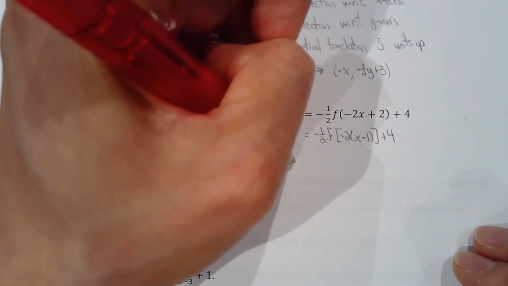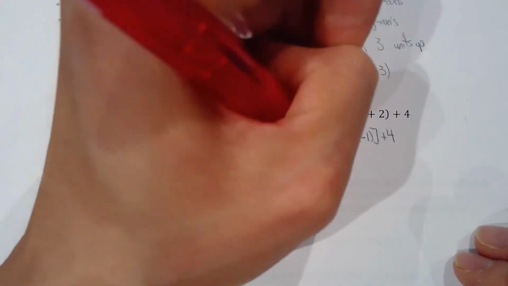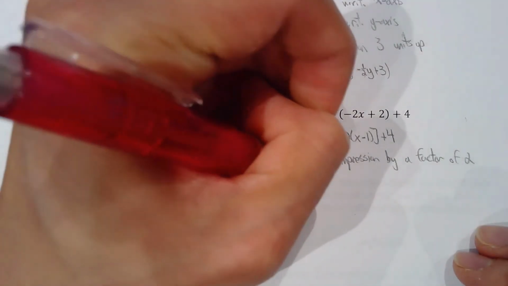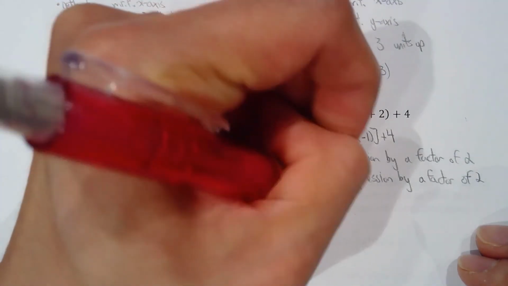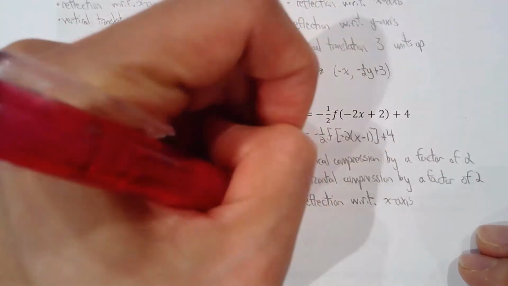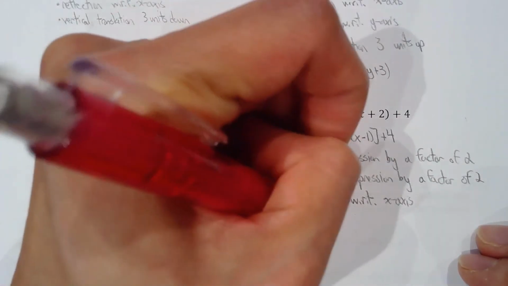All right, so this one is heavy. Vertical compression by a factor of 2. Horizontal compression by a factor of 2. Reflection with respect to the x-axis. Reflection with respect to the y-axis.